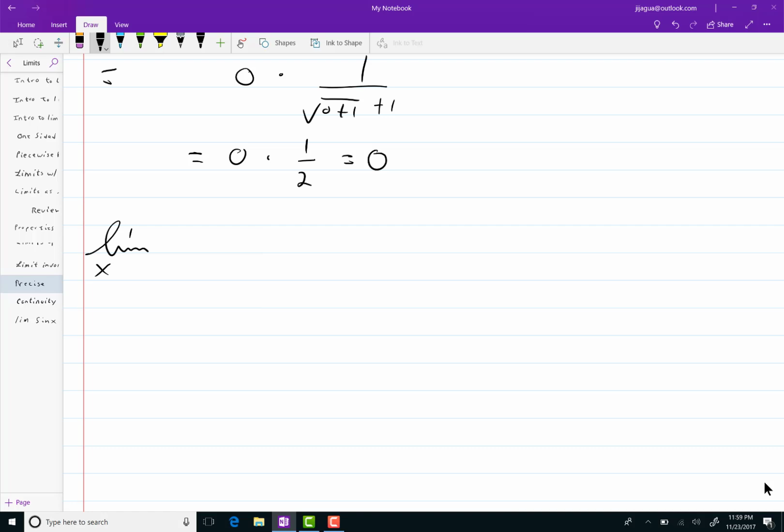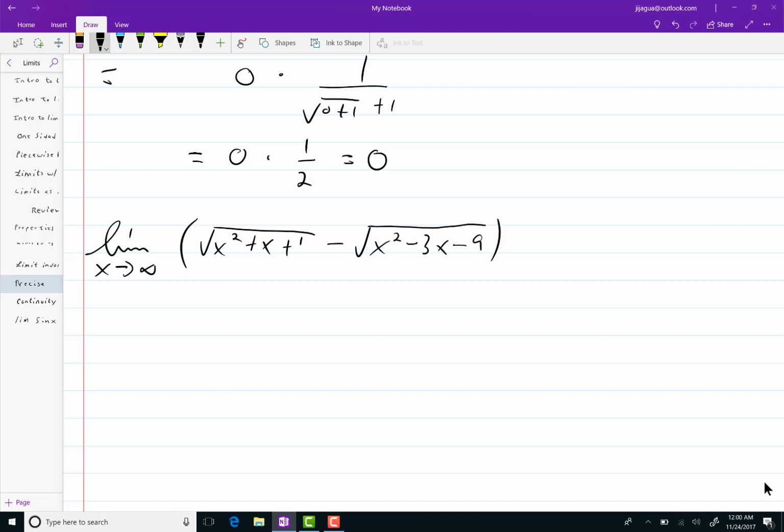I'll do one last one. Let me do one more. The limit as x goes to infinity, this time of the square root of x squared plus x plus 1 minus the square root of x squared minus 3x minus 9.